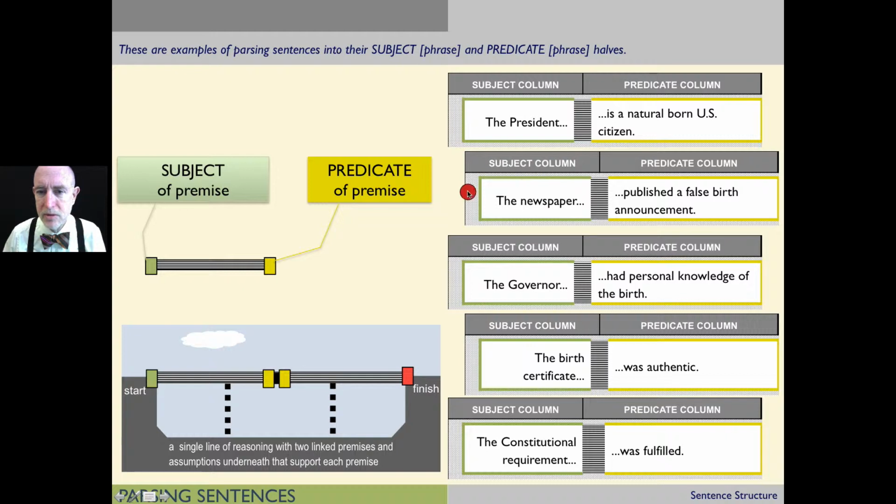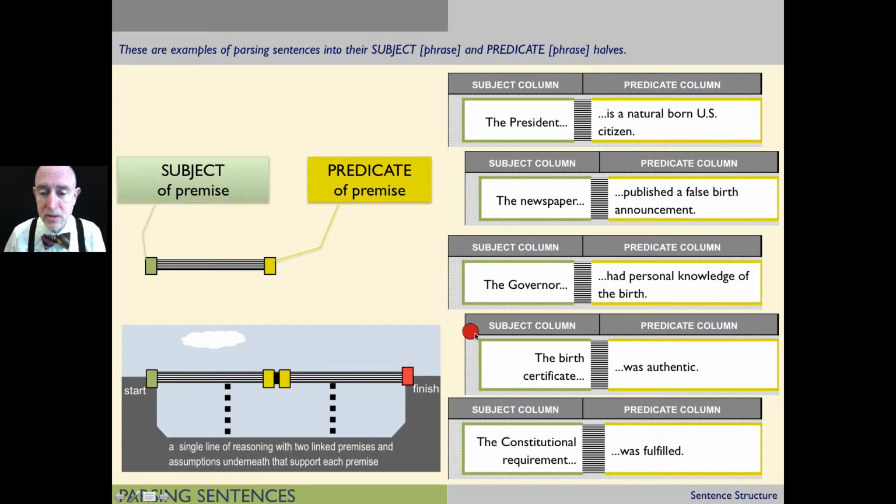The newspaper is the subject, and published a false birth announcement is the predicate. Here's our 3rd example of the subject-predicate structure. The subject is the governor, and the predicate is had personal knowledge of the birth.